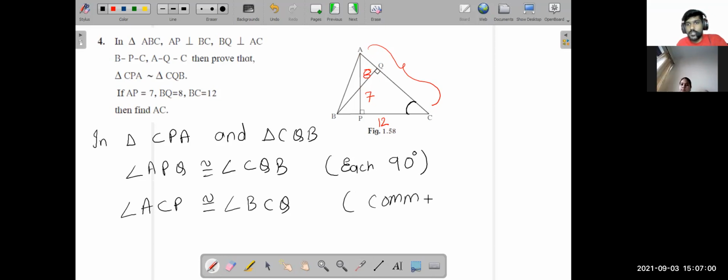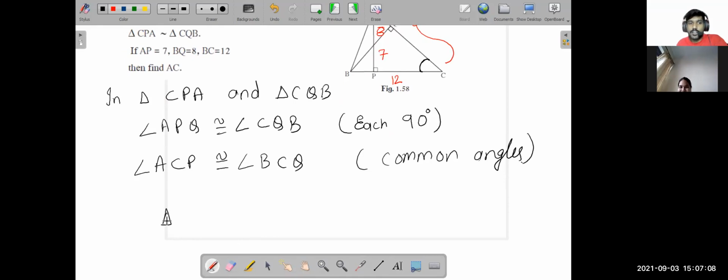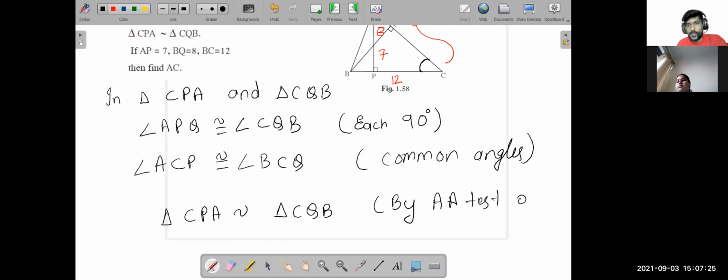So just give the reason, common angles. Okay. Now, two angles are enough to show that triangle CPA is similar to triangle CQB. By which test? AA test. Yes, by AA test of similarity, both of them will be similar.